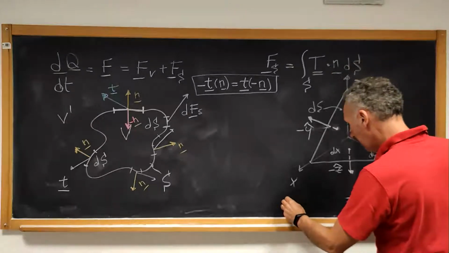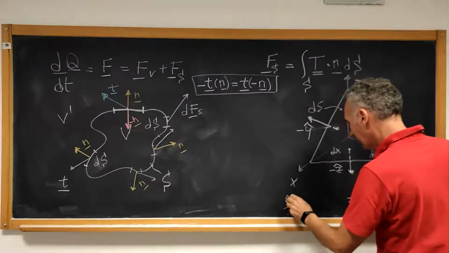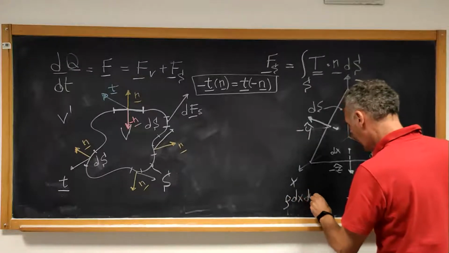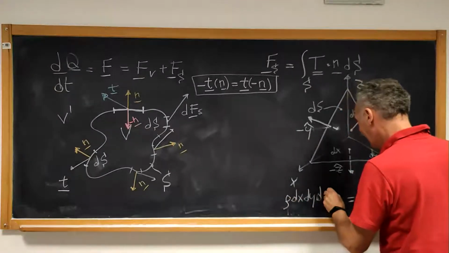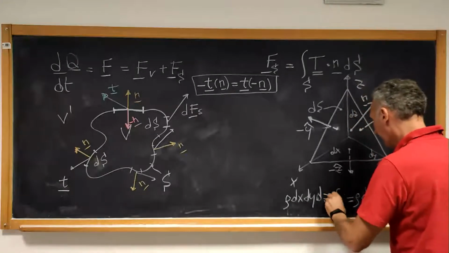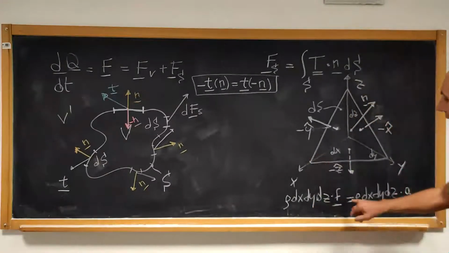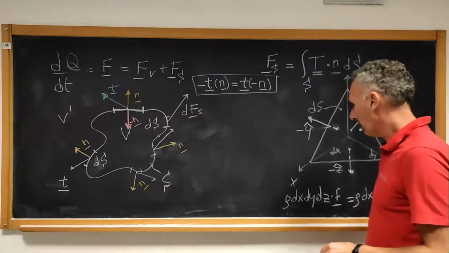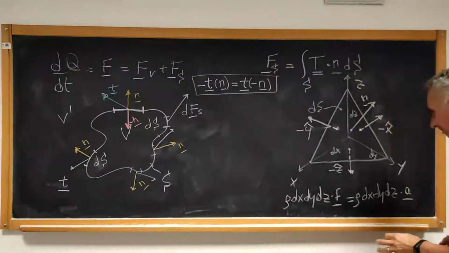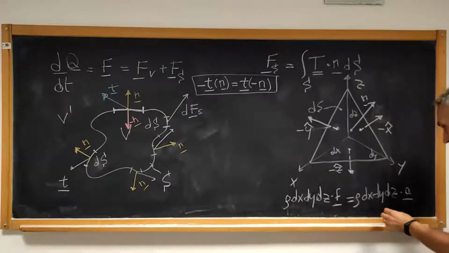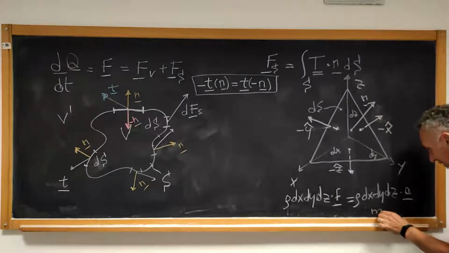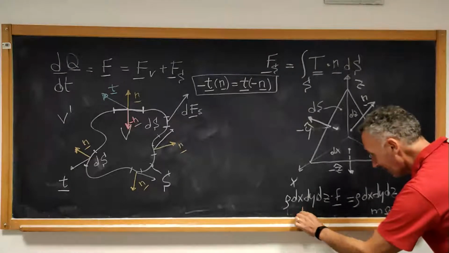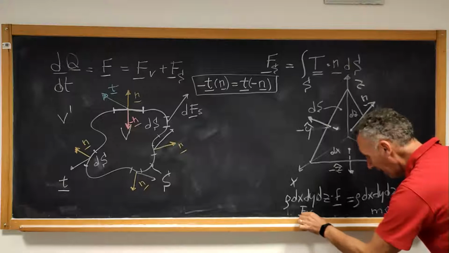So we can write here the density times the volume, dx dy dz, times the specific volume forces. Just for you, this part is ma, this is fb.